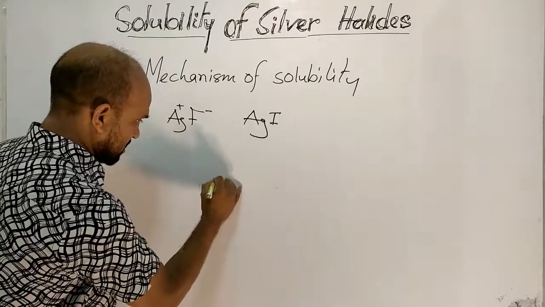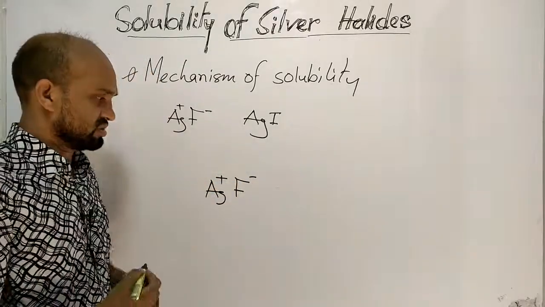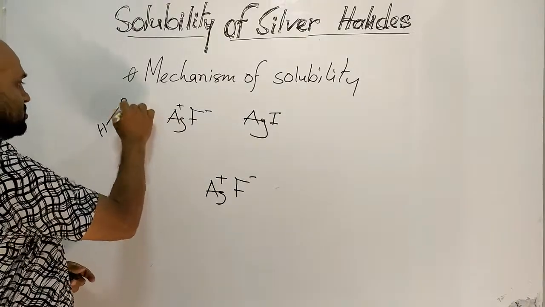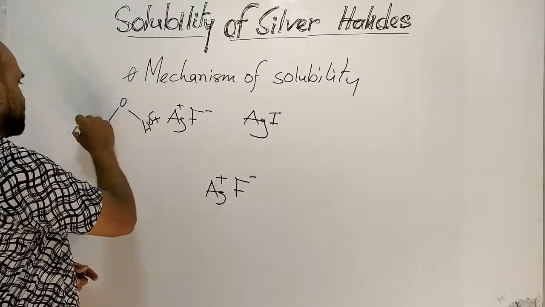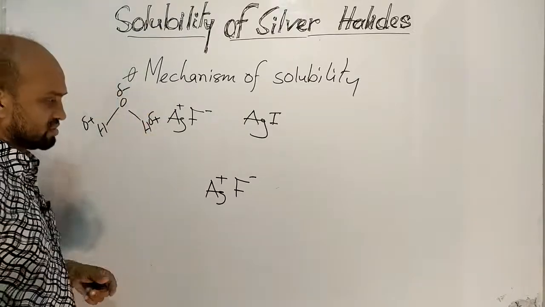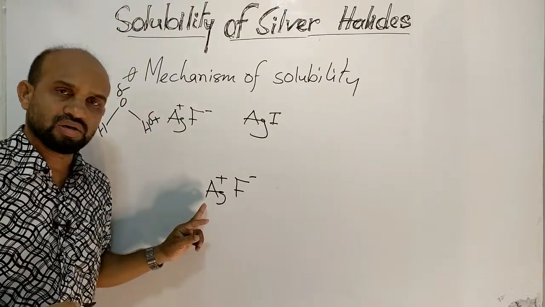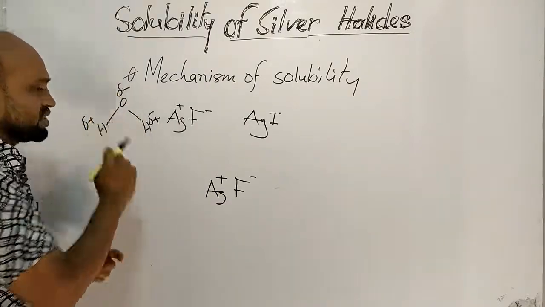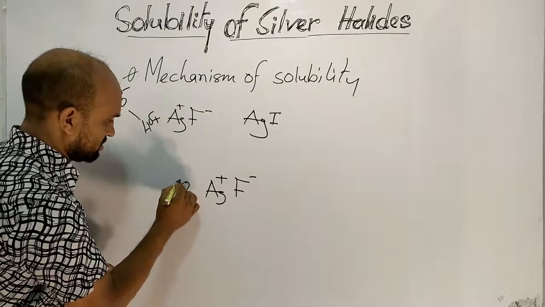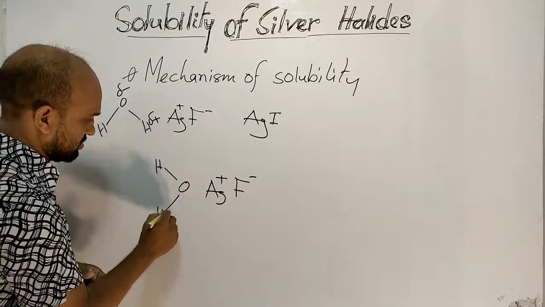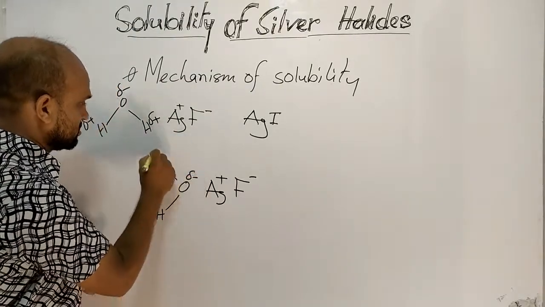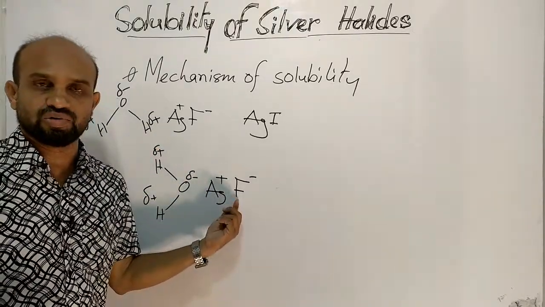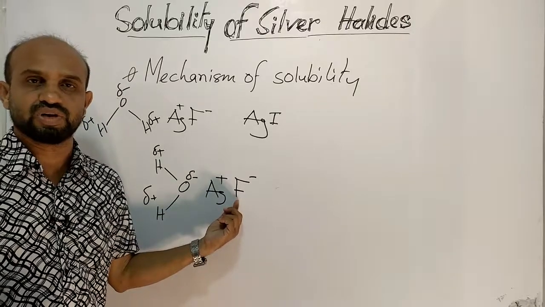This is ionic compound silver fluoride, and this is the water molecule. This is plus and this is minus. So this cation is attracted by the negative end of water like this, and this negative ion is attracted by the positive end of water.